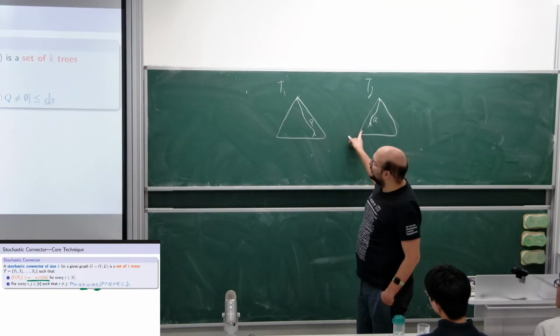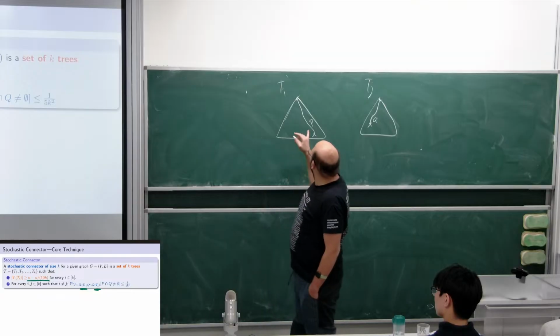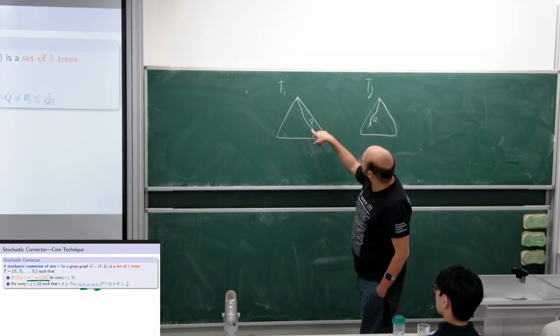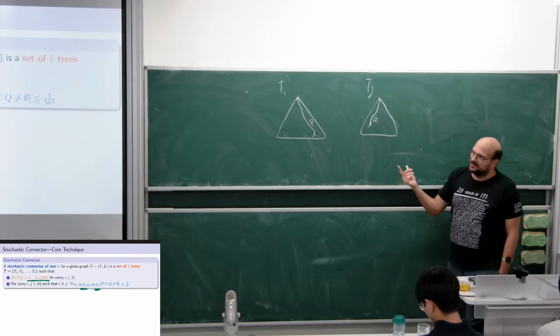I should have said that: I have two trees, Ti and Tj, and I sample two random paths. I only care about the path to the root. So in each of them I will select a vertex, and I will look at the path to the root. This is P and this is Q. So I have a small probability that if I sample a random path to the root in one and a random path to the root in the other, those paths intersect.